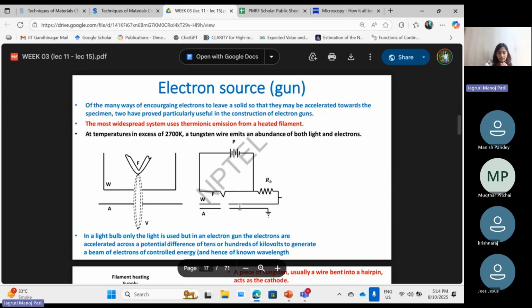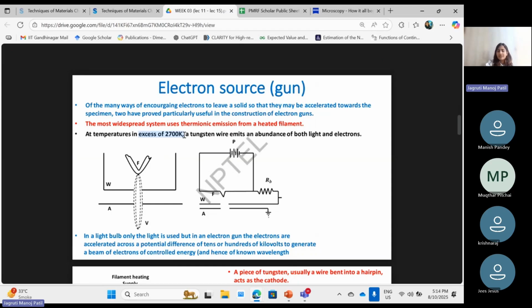As it's written here, electrons are accelerated across a potential difference in order to generate a beam of electrons, and for that beam we can control its energy and its wavelength. If the temperature exceeds 2700 Kelvin, then a tungsten wire will emit tons of light and electrons.